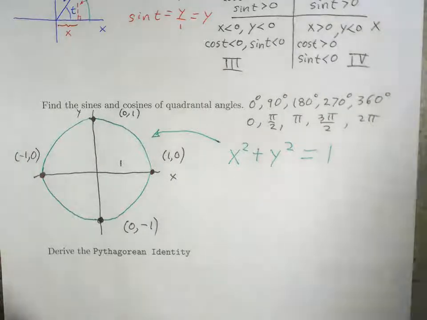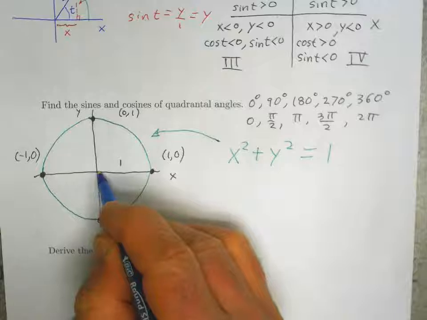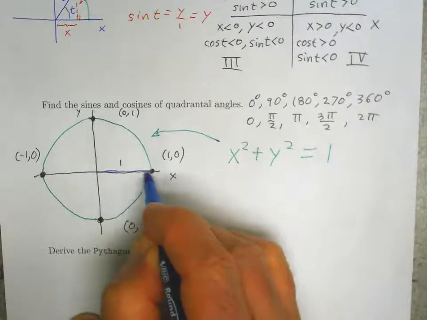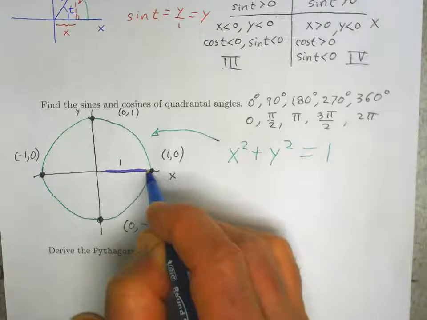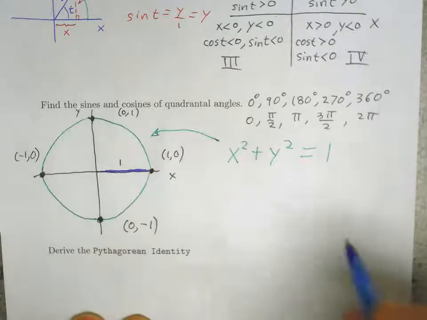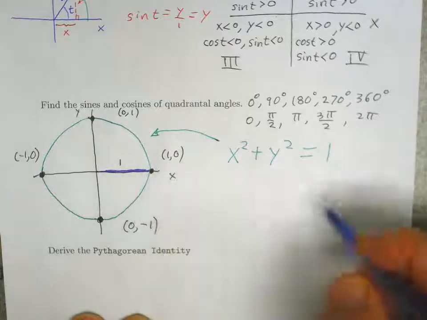Okay, so this terminal angle could be 0 degrees or 360 degrees, or 0 radians or 2 pi radians.